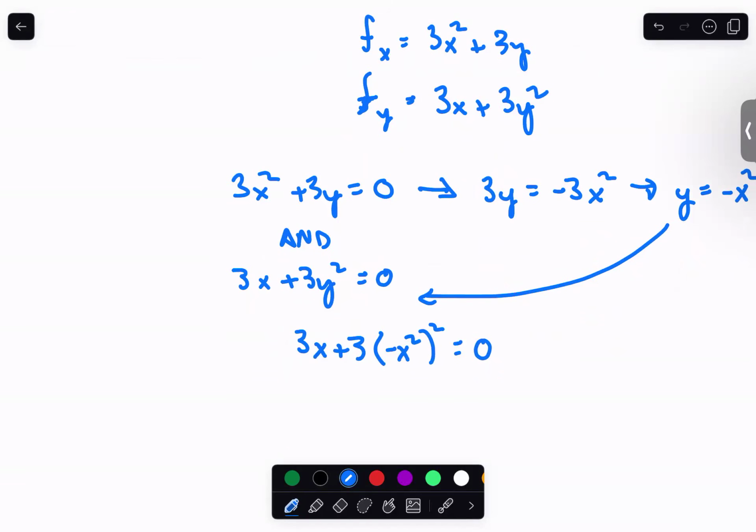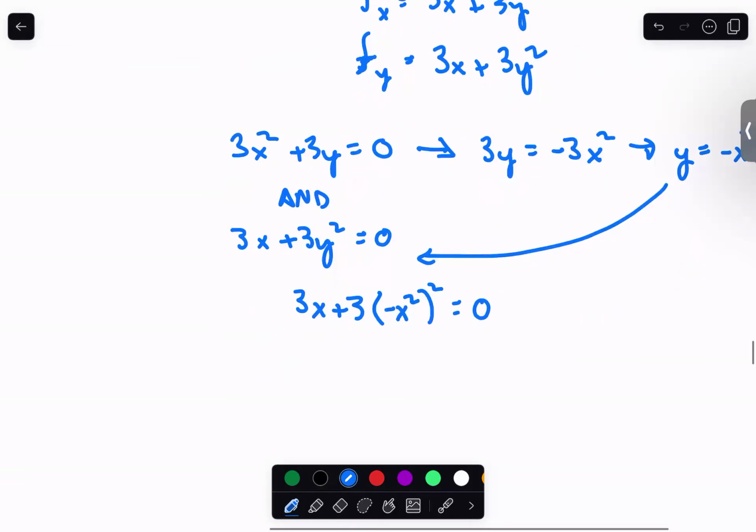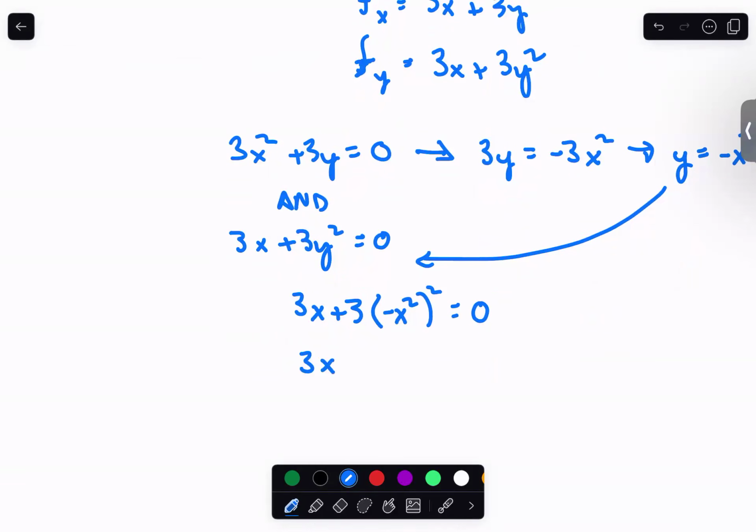So y squared, so again, there's kind of two squareds going on here. Let's try to simplify this a little bit. So this is going to be, what? Negative x squared times negative x squared is going to be positive x to the 4th. And now, well, let me show you maybe the slightly wrong way to do this.